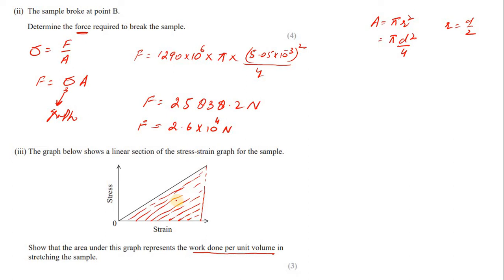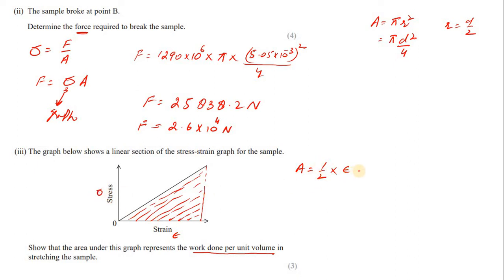First write the expression for the area, and this is clearly a triangle. As per the graph, area A would be equal to half of base into height. In this case, base is strain, epsilon. This is the symbol for strain, and this is the stress, sigma.